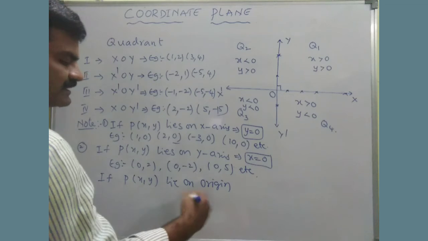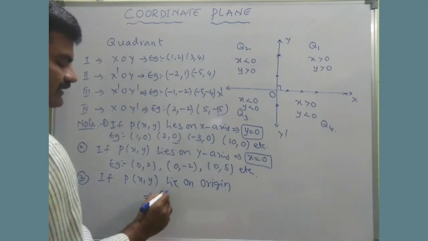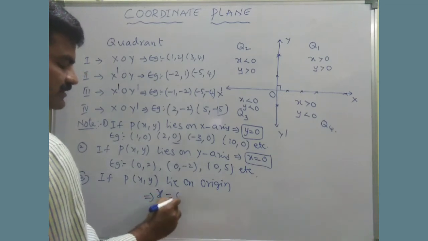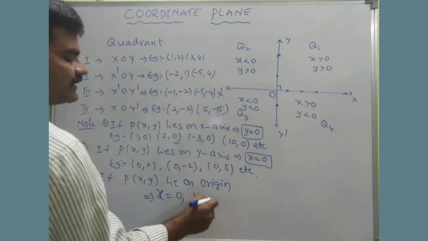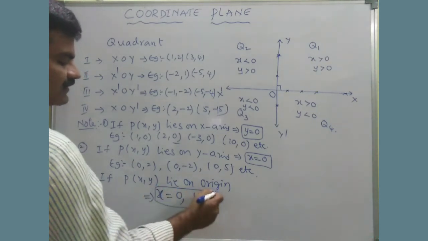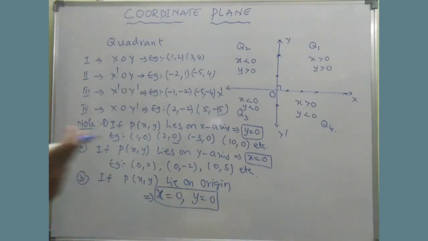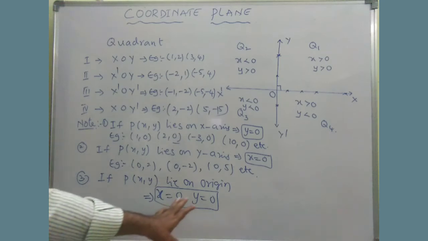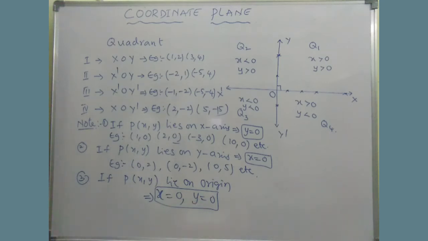If it is the origin, then very simply the x coordinate must be 0 and the y coordinate must be 0. So that's why we gave the coordinates of the origin as 0, 0. Understood?